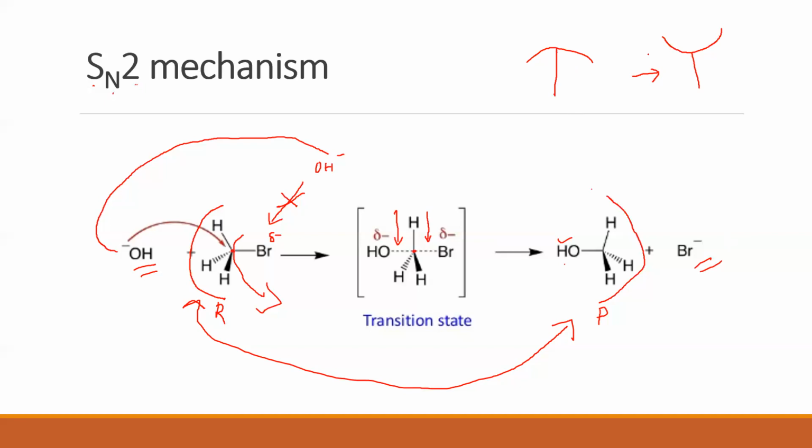The umbrella is inverted. Same thing happens here. If you observe the direction of hydrogen in the reactant, and the direction of the hydrogens in the product, they are inverted. This is called inversion. The product is inverted with respect to the reactant.